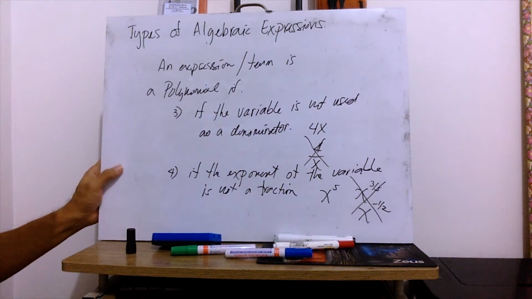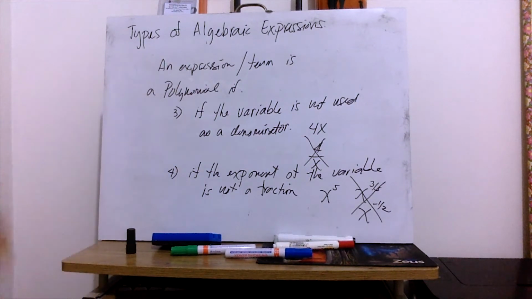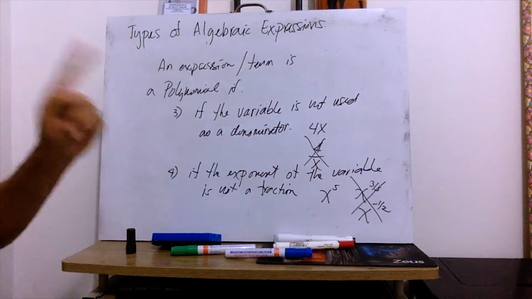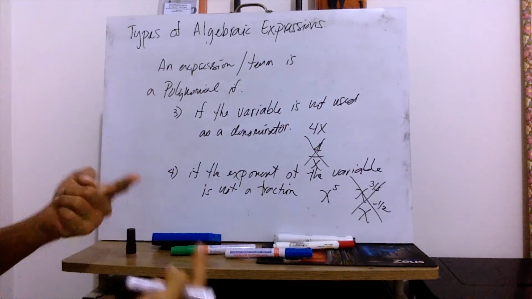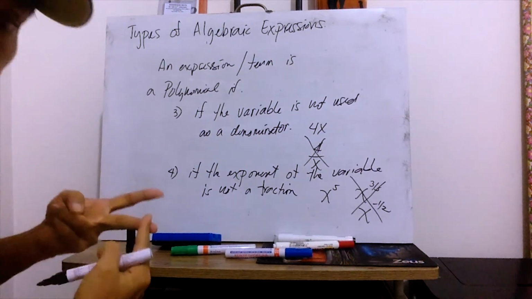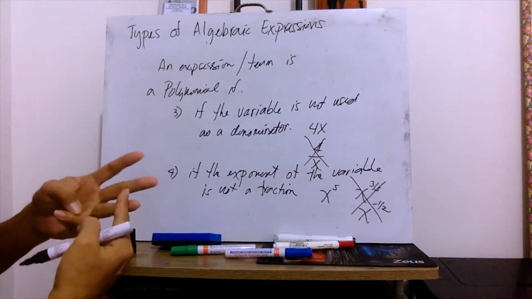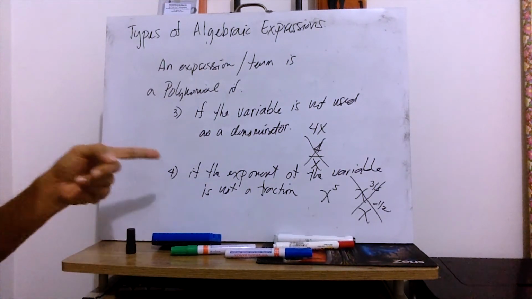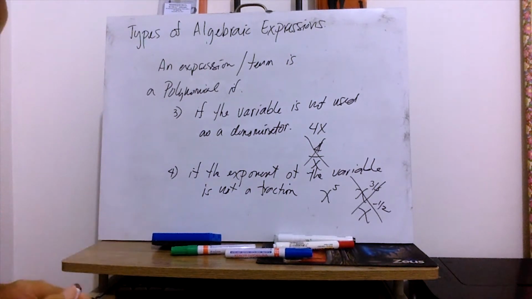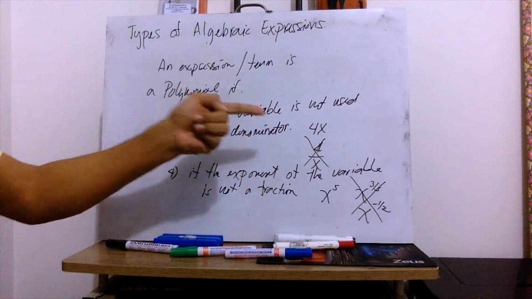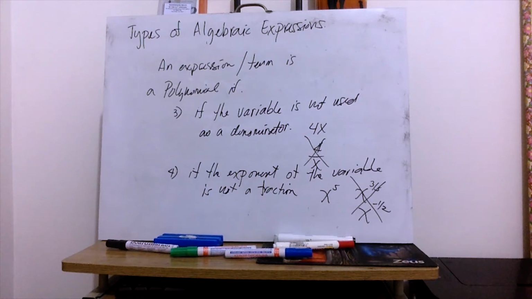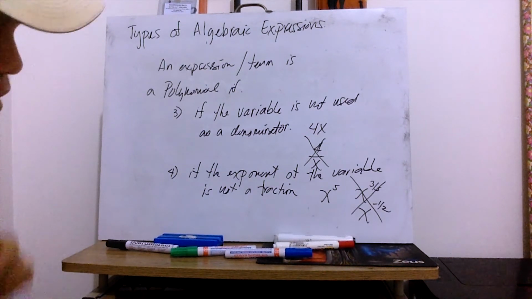All right? So these are the definitions of a polynomial. Number one, the variable should not be raised to a negative exponent, to a fractional exponent, to a radical number. And the variable should not be used as a denominator. Okay, so our concern here is purely the variable, not the constant. Okay?